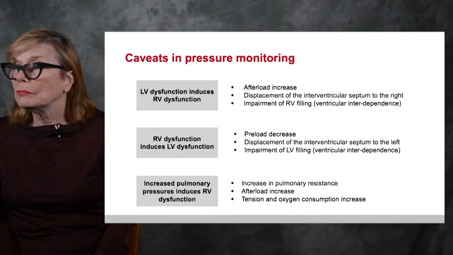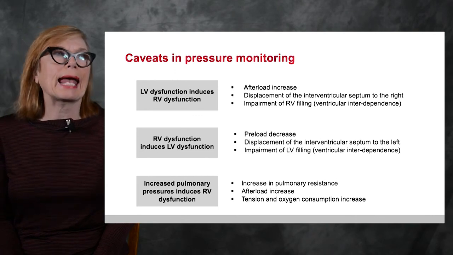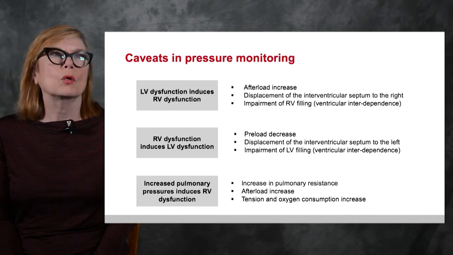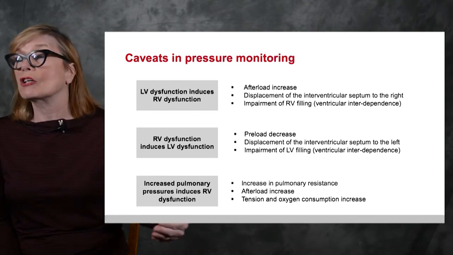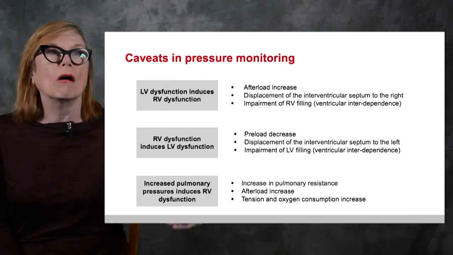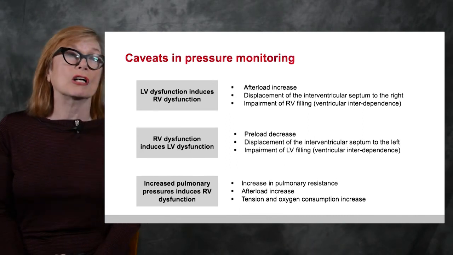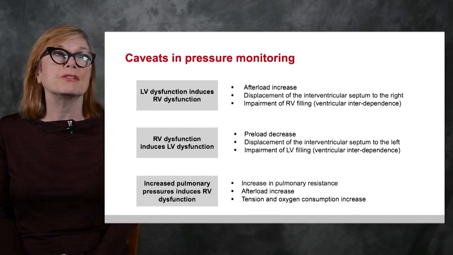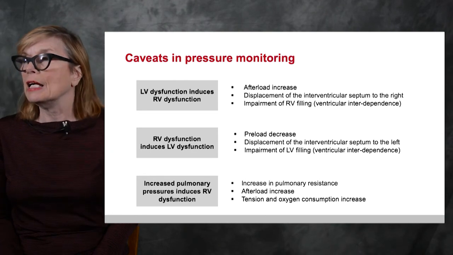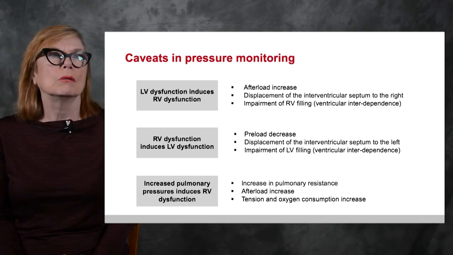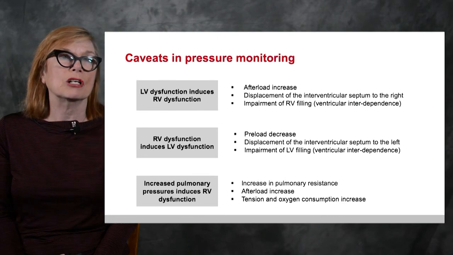So that brings us to basic caveats in pressure monitoring. Okay? LV dysfunction will induce RV dysfunction. But RV dysfunction also induces LV dysfunction. And any increase in pulmonary pressure will induce RV dysfunction.